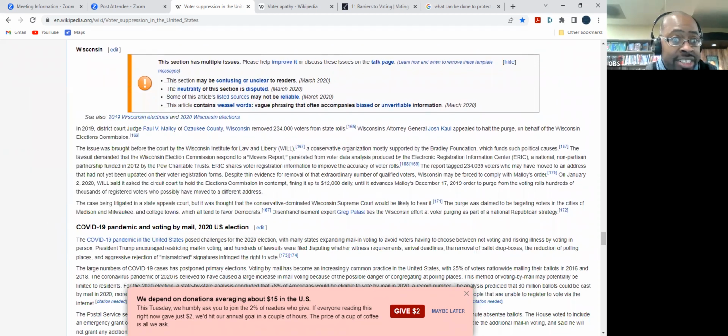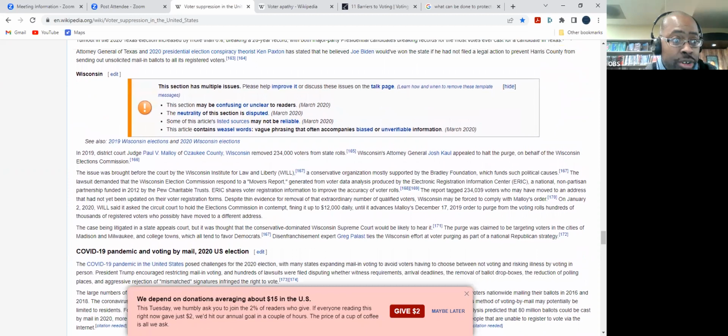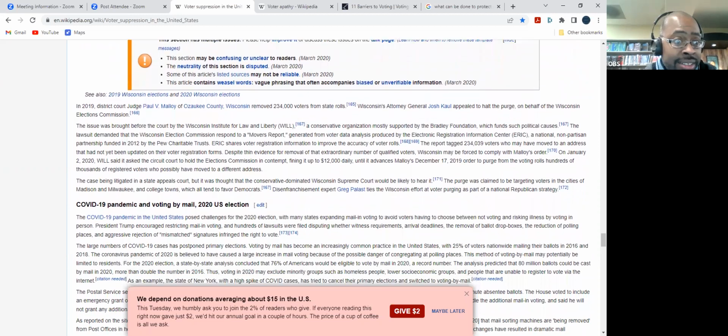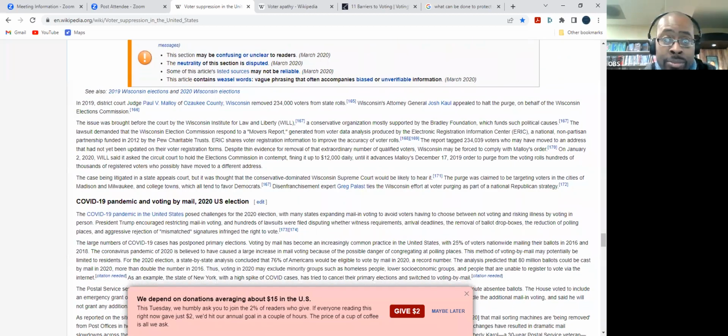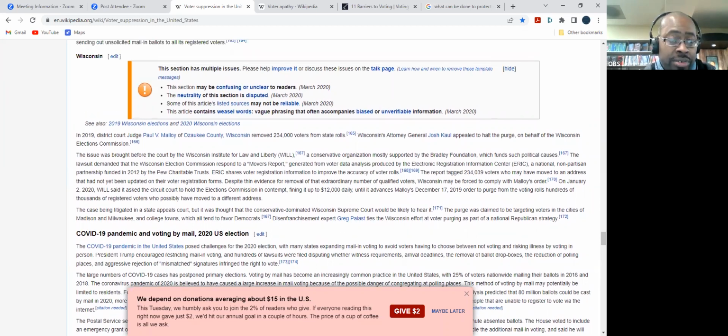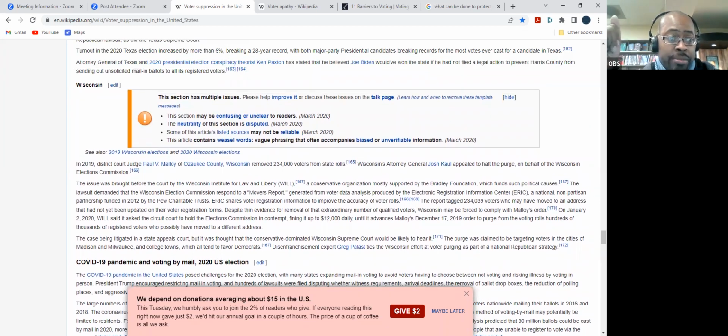Okay, in Wisconsin, there was a case of voter purging in 2019 where 234,000 voters were removed from the state roll. This was a Republican strategy in order to win state seats.